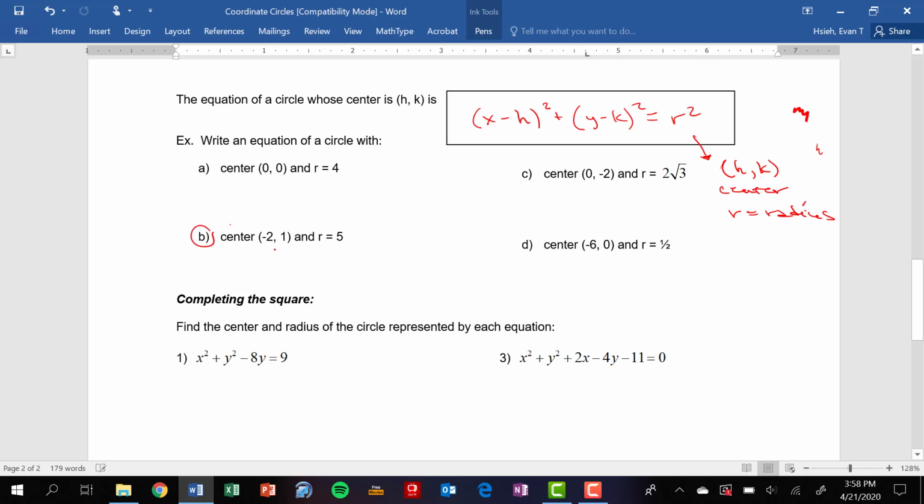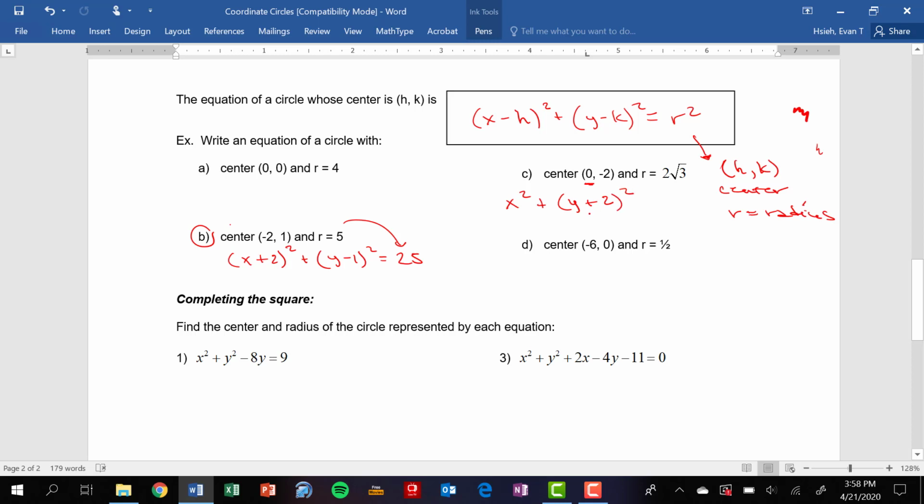The center is (-2, 1), so it'd just be (x + 2)² + (y - 1)² = 25, or 5². This one, when the center has an x value of 0, it just becomes x minus 0, or just x² + (y + 2)².